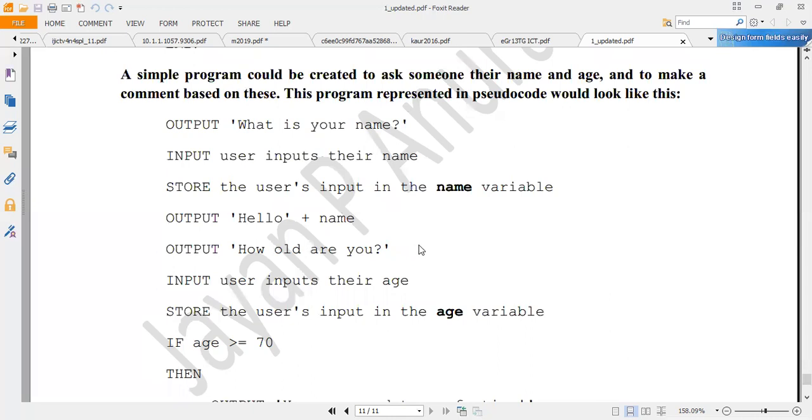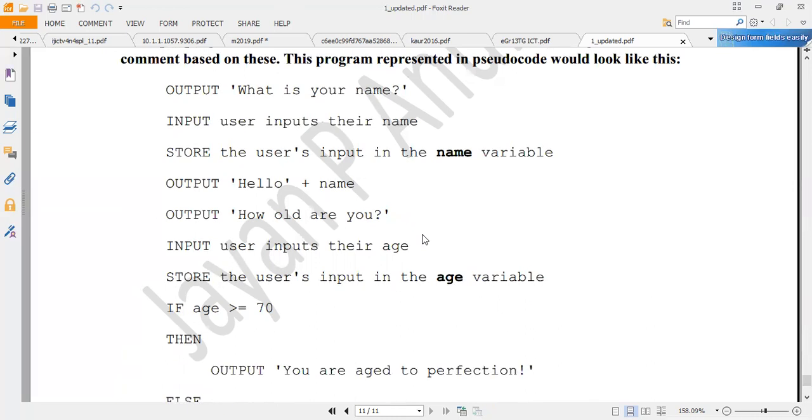Store the user's input in the name variable, then output hello plus the name variable given by the user. Output how old are you, get the input from the user, they input their age, store the user's input in the age variable.